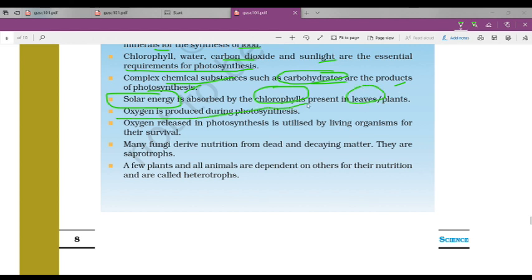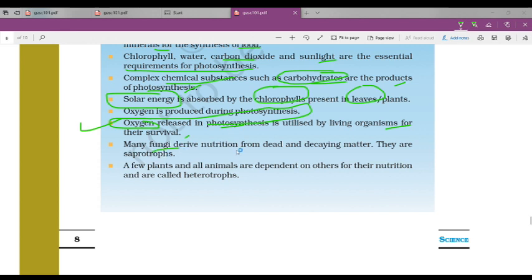Oxygen is produced during photosynthesis. It is a byproduct. Oxygen released in photosynthesis is utilized by living organisms for their survival. So this oxygen, which is released from the plants, is very important for us, and that's why plants are so important for us.